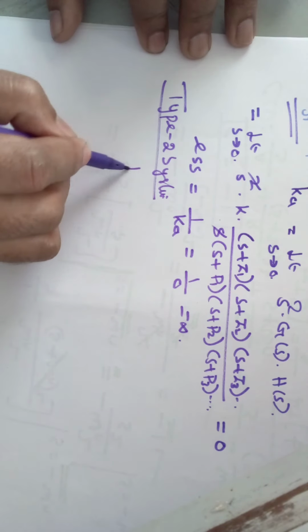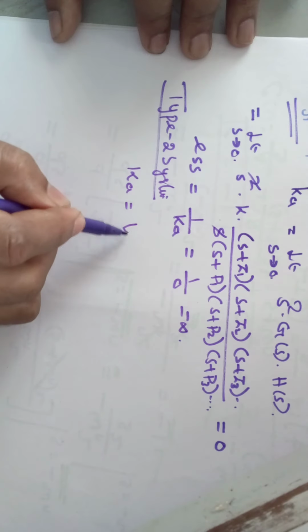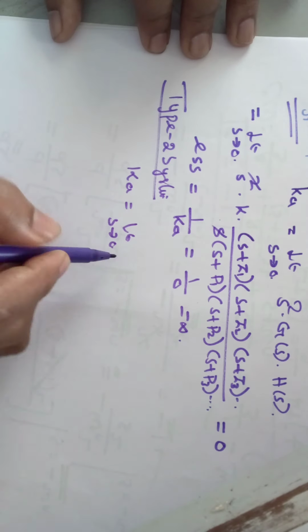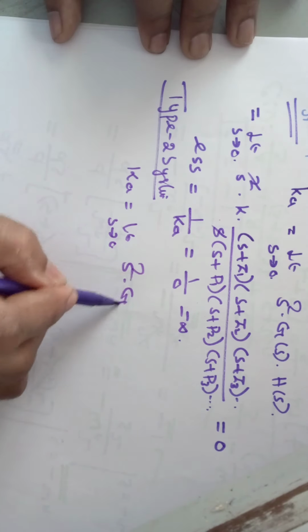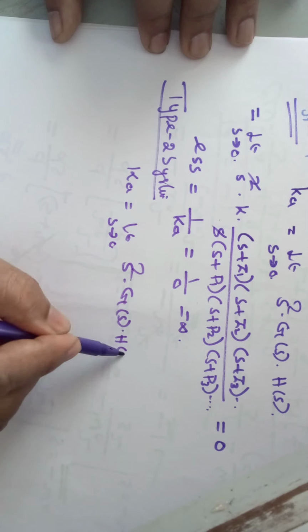So here the acceleration error constant Ka equal to limit s tends to 0, s square into g of s into h of s, right?